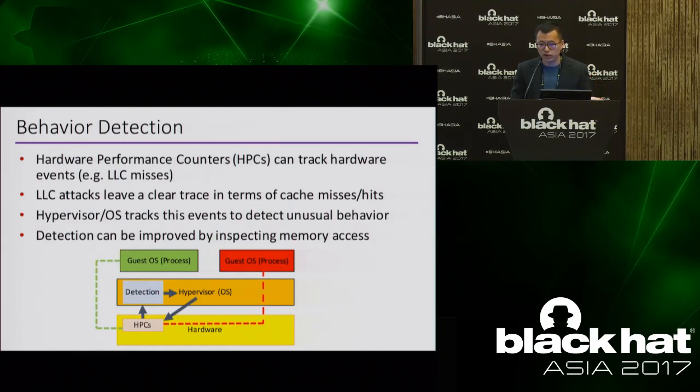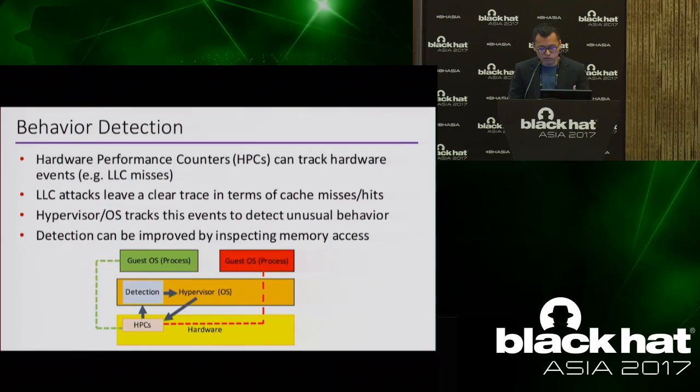So how do we use this to detect a cache attack? Here's an example. There is one hardware event that the performance counter can keep track of, which is last level cache miss. Now, if you look at last level cache attacks, you will find a very obvious or very distinguishable behavior, which is you will see a continuous and burst amount of last level cache misses.